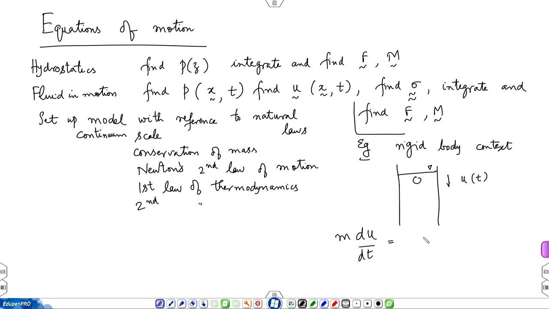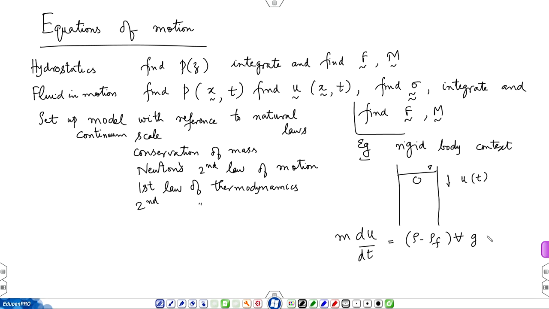First is weight minus buoyancy, which is rho minus rho fluid times volume times g.